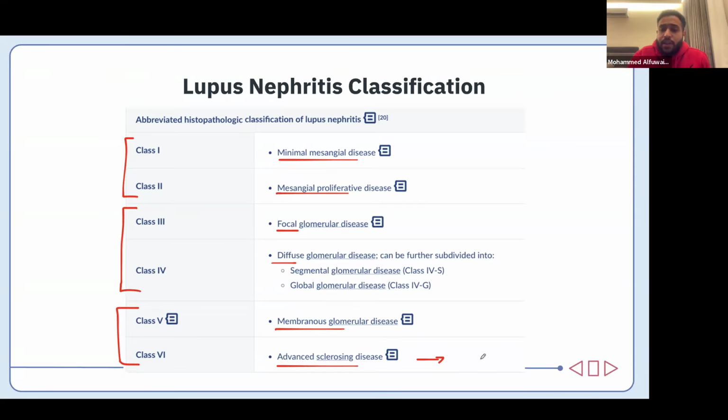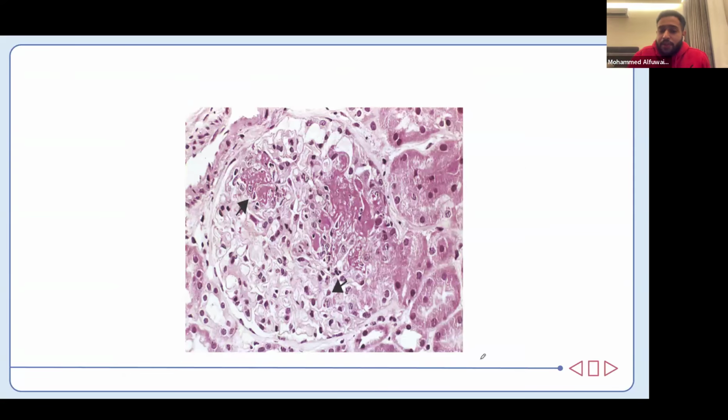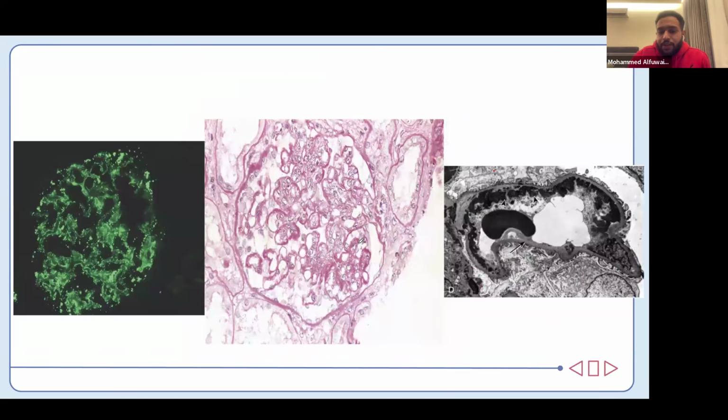Very easy. If it's like this, for example, if it's affecting a segment of the glomeruli, think of it as FSGS. It's not affecting all the glomeruli, less than 50%. And the patient with SLE, what class is this? 3. Easy. Focal proliferative. On the contrary, if it's affecting more than 50%, 4.